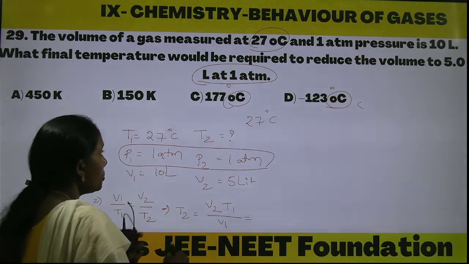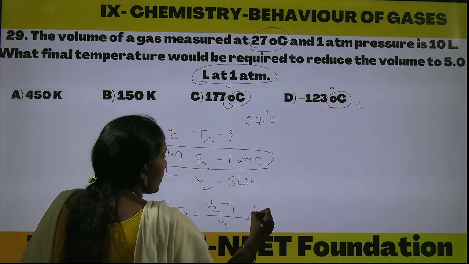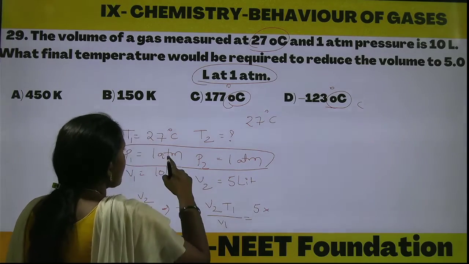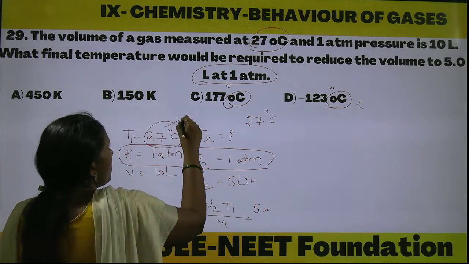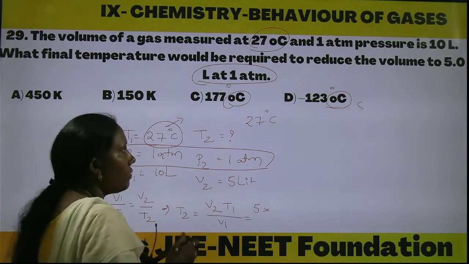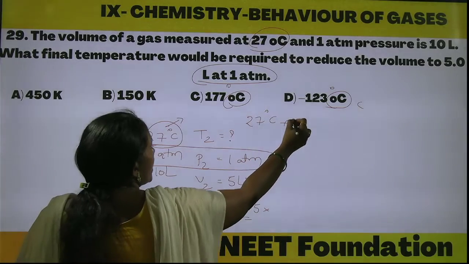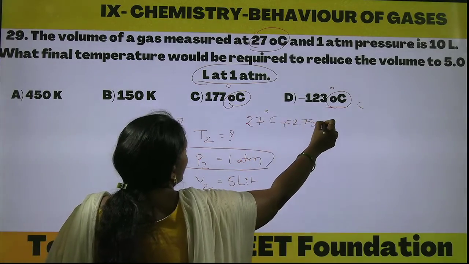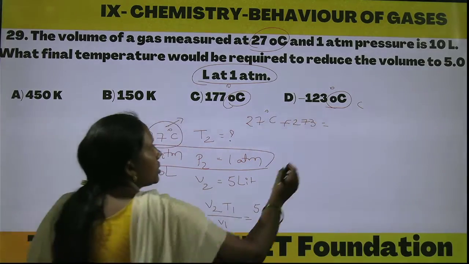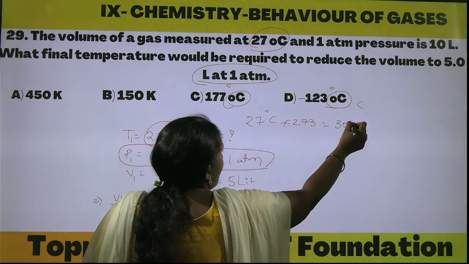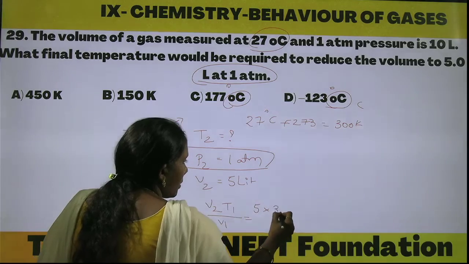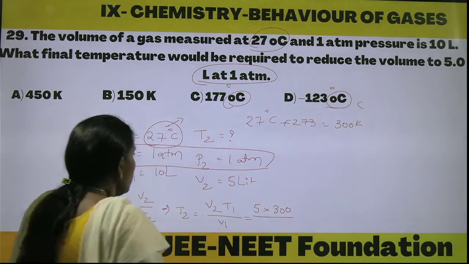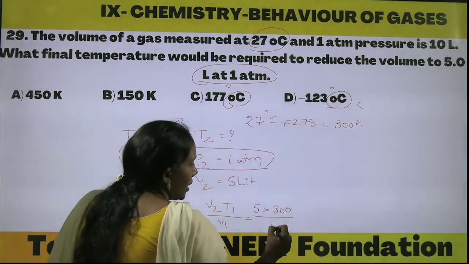What is V2? According to the problem, 5. And what is T1? 27 degrees Celsius is given. This one we have to convert into Kelvin. So 27 degrees Celsius plus 273 gives you 300 Kelvin. So the temperature T1 is 300, divided by volume V1 which is 10 liters.